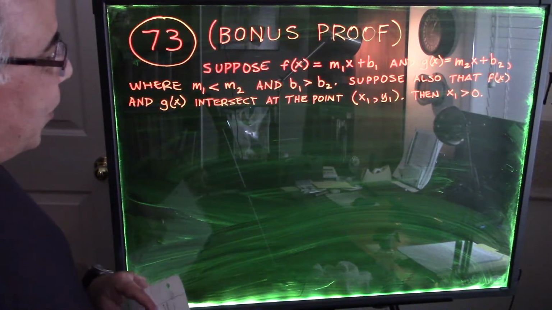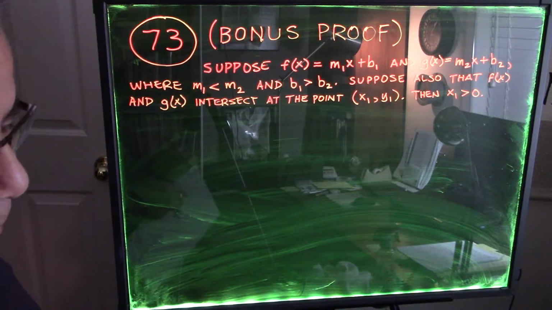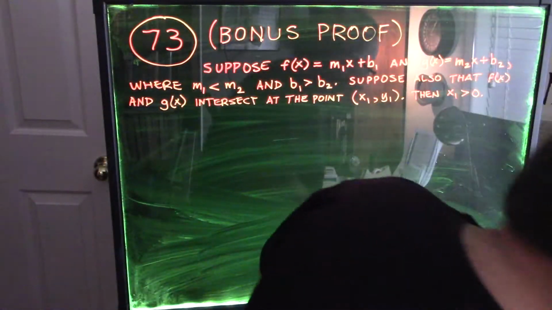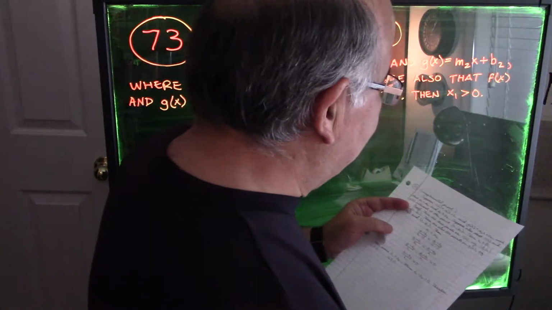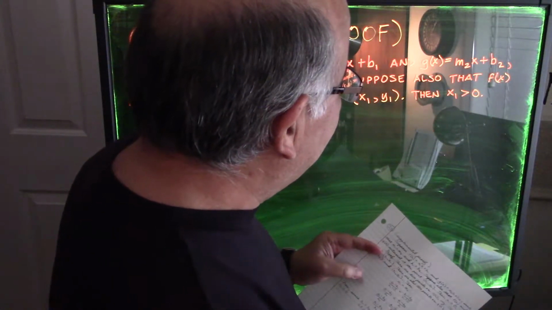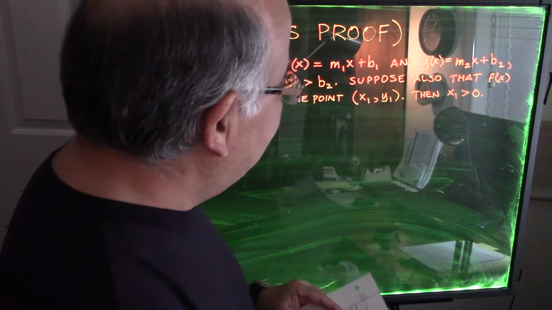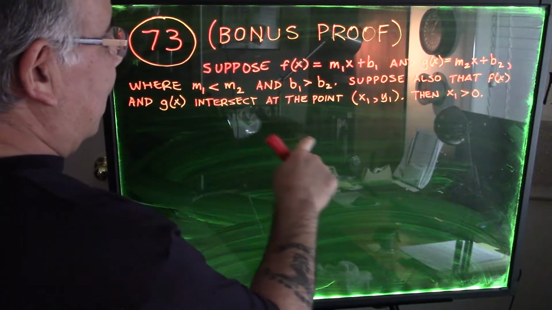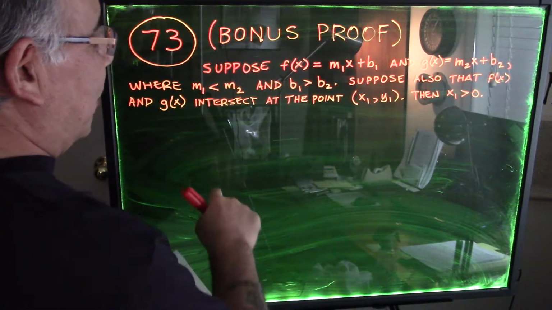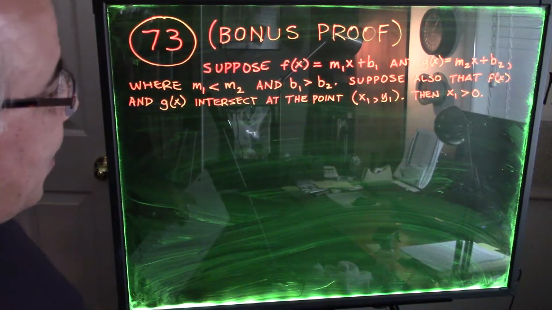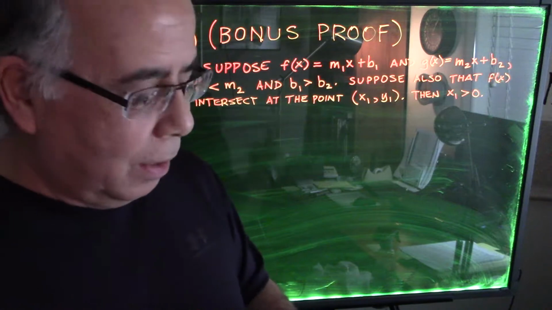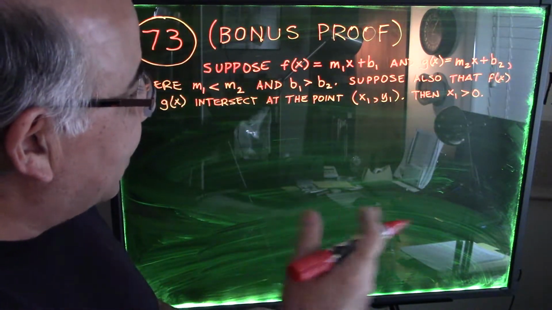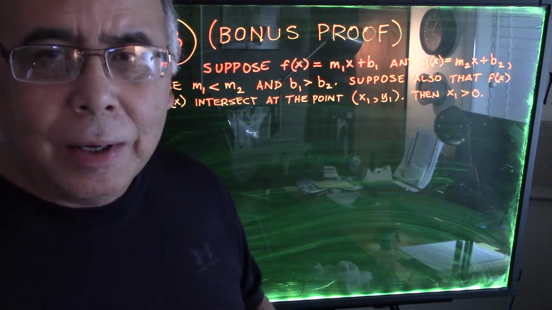The problem 73, we showed where those two lines intersected, you had one going like that and the other going like that in an X shape, and the point of intersection happened to be on the right of the y-axis.